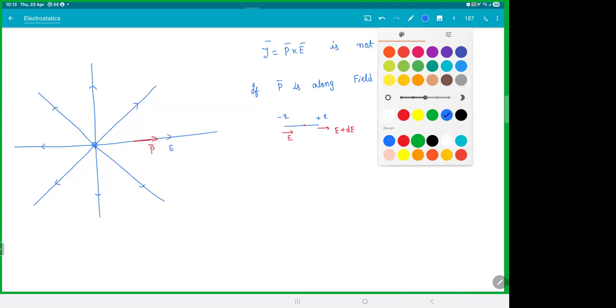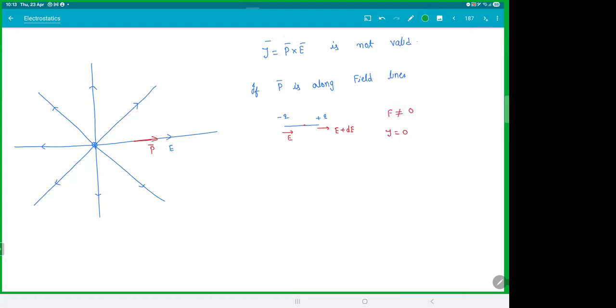Now, if you want to get force zero, you have to get the magnitude equal and the direction opposite, right? If you want the direction opposite, you have to keep the dipole along the field line. But then the magnitude won't be equal. If you want the same magnitude, then I have to keep the dipole on two different field lines like this at same distance r and r.